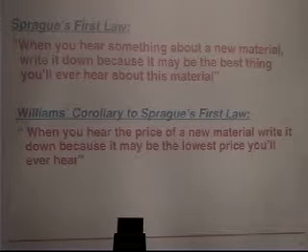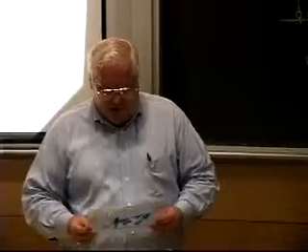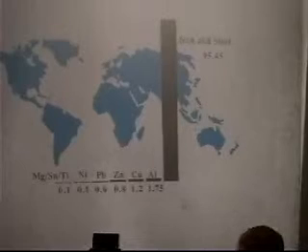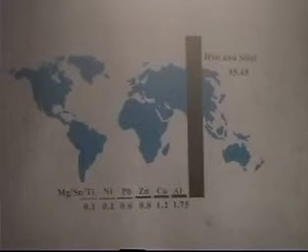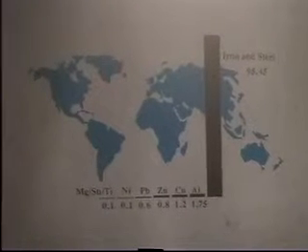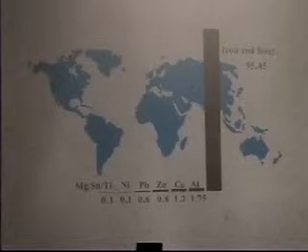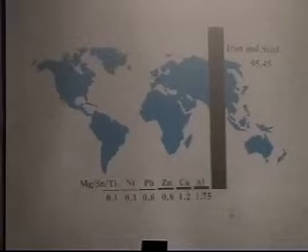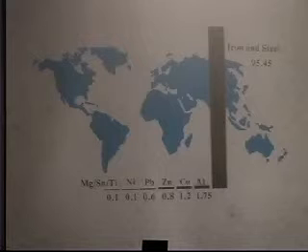Okay? Advanced materials are wonderful, and it's great to put them in space. It's great to put them on some aircraft, but it doesn't work in high volume manufacturing. Because of the cost and the strength and toughness, and I've already given you the strength and toughness numbers on steel compared to other things, it turns out 95 pounds out of every 100 pounds of materials made in the world is steel. There's a reason for that. Okay?